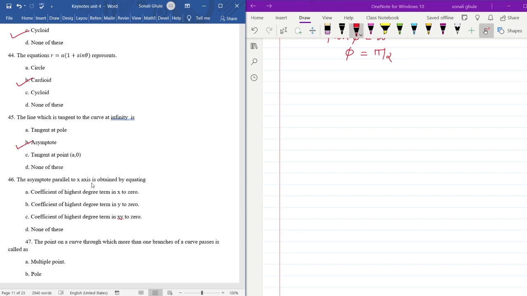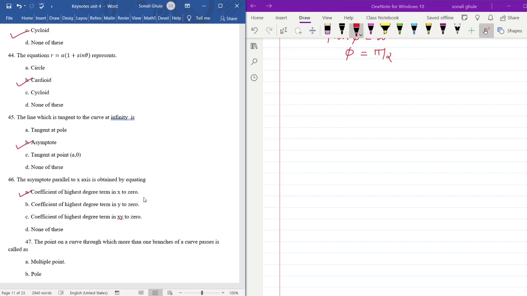The asymptote parallel to the x-axis is obtained by equating the highest degree term in x to 0. This is the second method, a shortcut method where we find the asymptote by checking for which value of x, y becomes infinity. But actually the correct method is this, to find the asymptote.